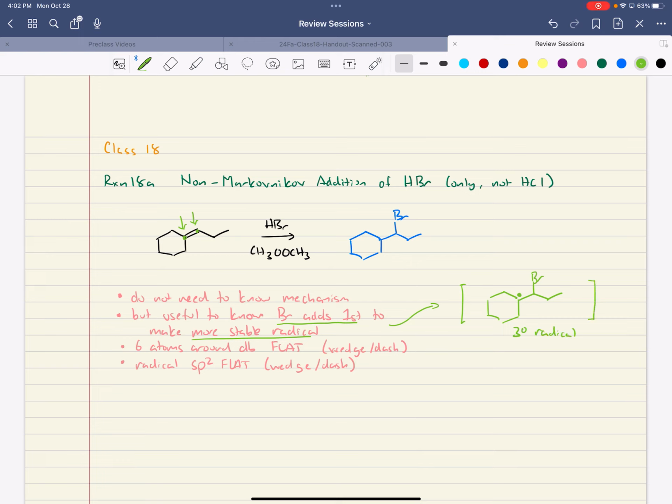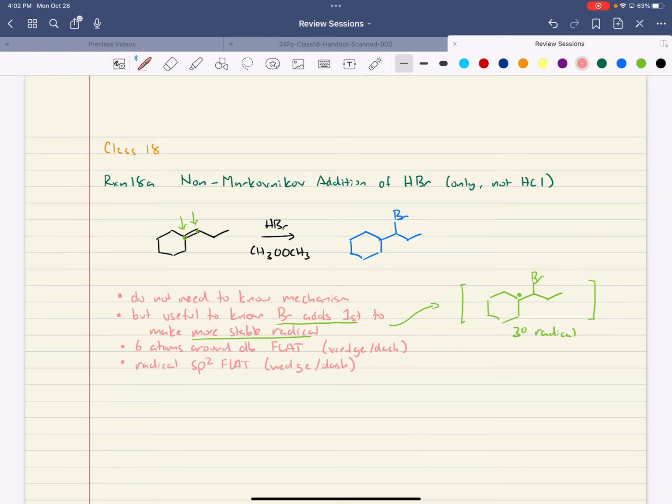And that's why it's non-Markovnikov, because in the Markovnikov, the hydrogen added first to form the more stable carbocation, and that's why the bromine would go here if we went through the carbocation. But when we go through the radical, it's actually the bromine that adds first, and then the hydrogen goes on.